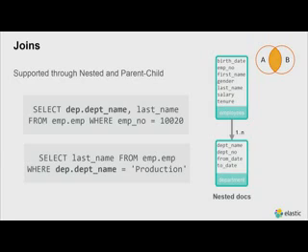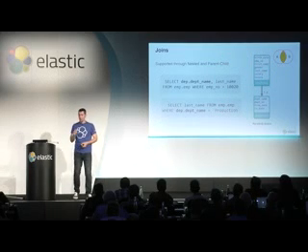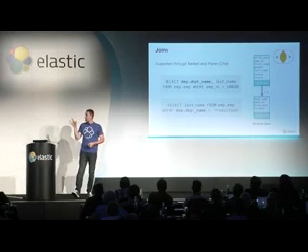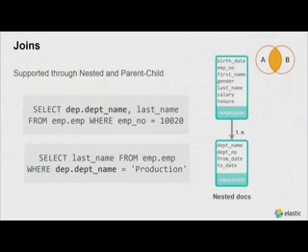Which brings us to joins, or as somebody famously said, joins. Now, we support both nested and parent-child. And again, as long as the data is mapped to a certain structure that Elasticsearch can use for its joins, you can actually do that. So you can see here the two types where, first off, how would a join look?